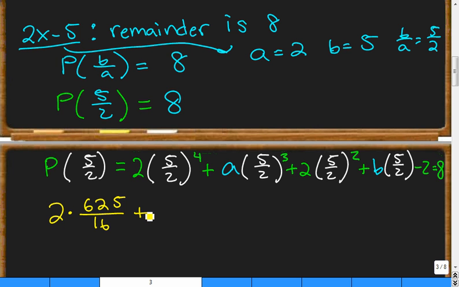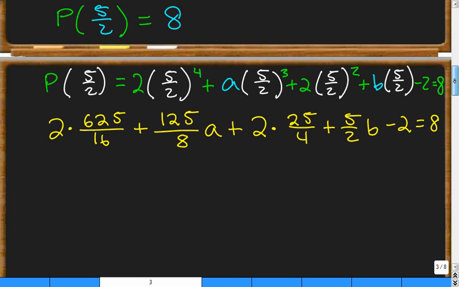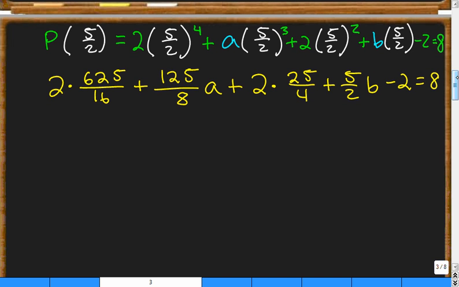We then add A times 5 cubed, which is 125 over 8 times A. Then add 5 halves squared, which is 25 over 4. B times 5 halves is going to be 5 halves B. And we have minus 2 equals 8. So lots of computation, but we're just going to keep on moving along.